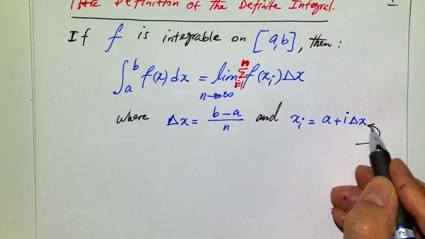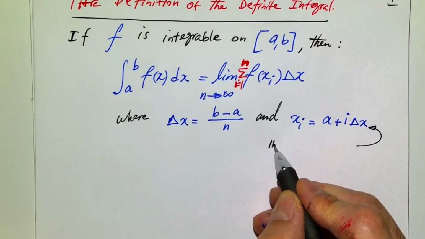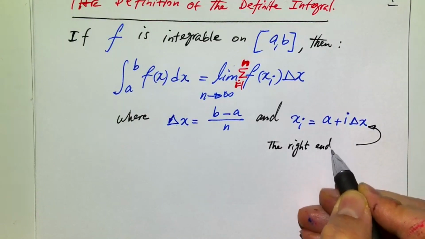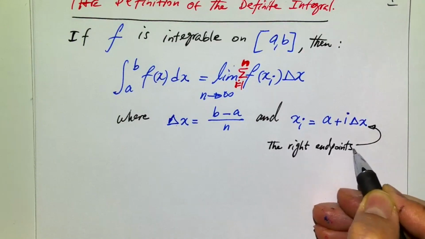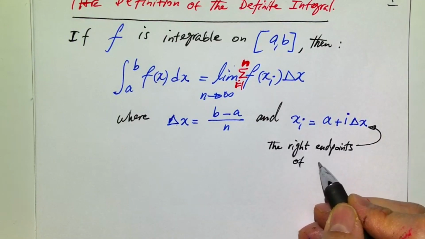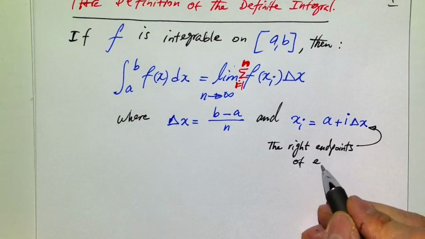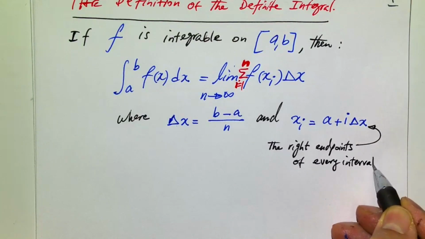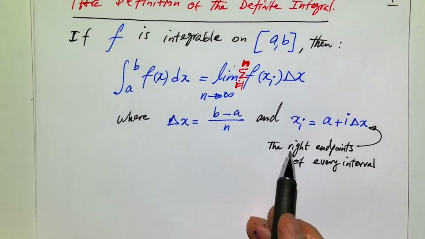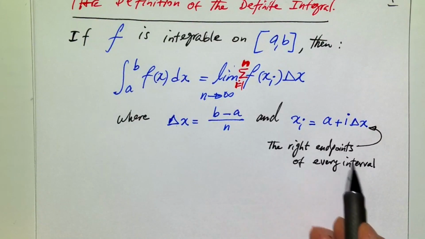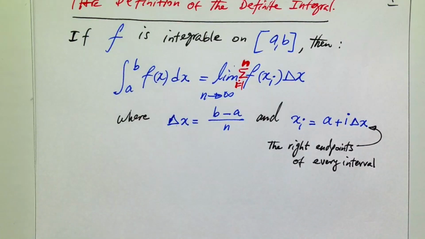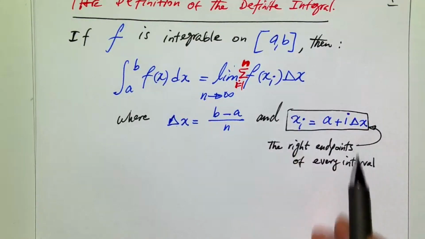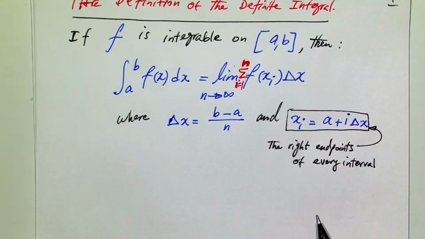This is the right endpoint of every interval, actually I should say, this is the right endpoint of the whole thing, xi that is.